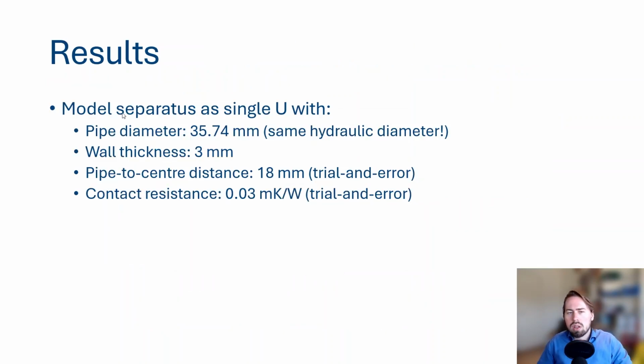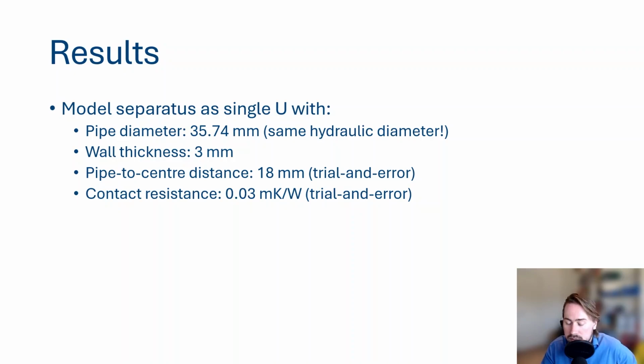So the model which is implemented into GHEtool has a pipe diameter of 35.74 millimeters. Now, this is perhaps a rather random number, but it's based on the hydraulic diameter. So within the domain of fluid dynamics, most correlations are for circular pipes, but there are also rectangular pipes or split pipes, etc. And in order to use the traditional correlations for circular pipes, they typically work with something called the hydraulic diameter.